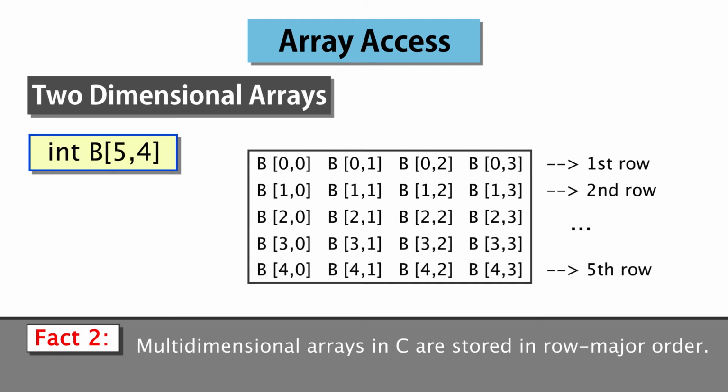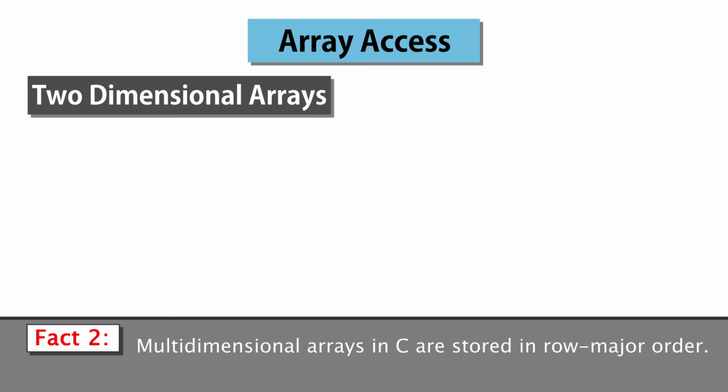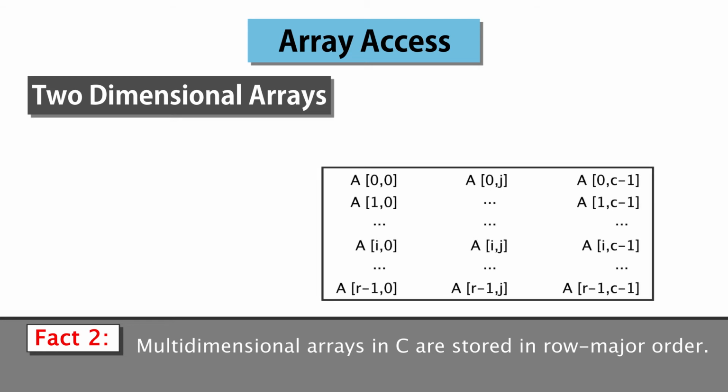In general, a two-dimensional array A with R rows and C columns would look like this. Now suppose we want to access an arbitrary element in A, say in row i and column j. Because 2D arrays are stored in row major order and rows are numbered starting with 0, if we're in the ith row, there are i rows above us that would be stored before our row.